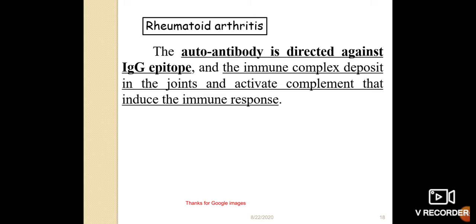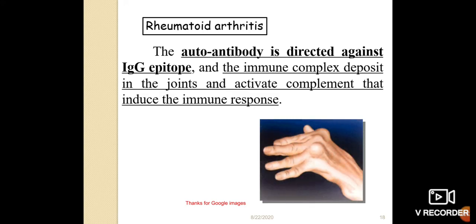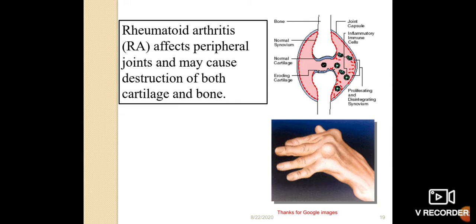But in rheumatoid arthritis, the condition is different, as these are autoimmune antibodies directed against IgG. The immune complex is deposited in the joint and activates complements. This activation of the complements in the classic pathway results in destruction of the joint and distortion of the joints.